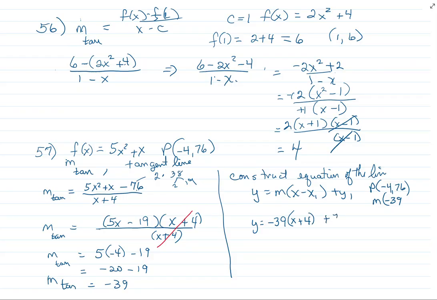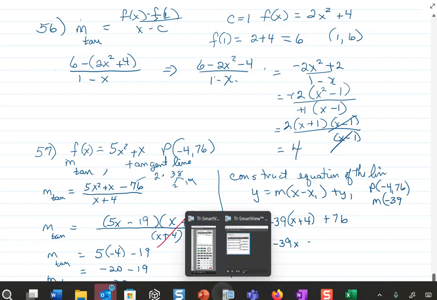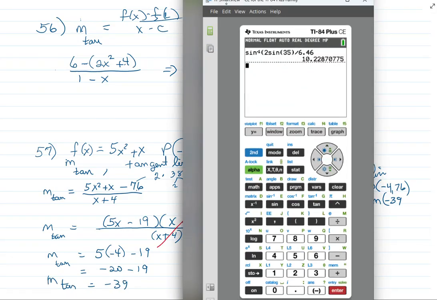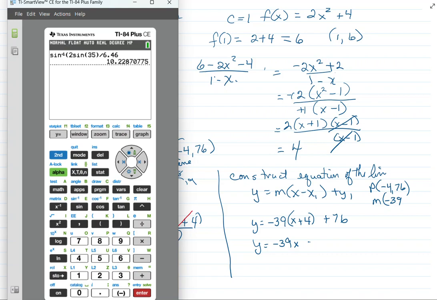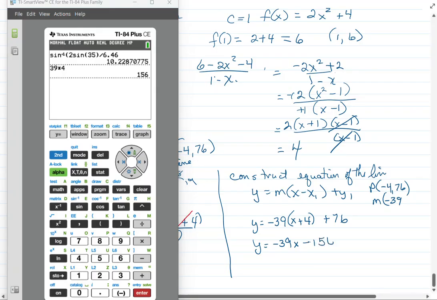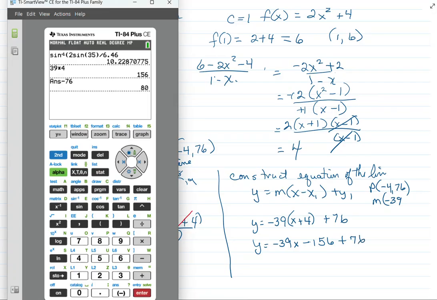Oh, I have to do the calculator. My brain, I'll give you a bogus answer. Hold that thought. 156. I hear you. 39 times the 4. And it's a negative 156. Correct. And add 76. It's a minus 80. Don't forget your x.